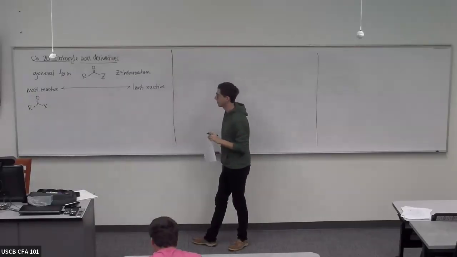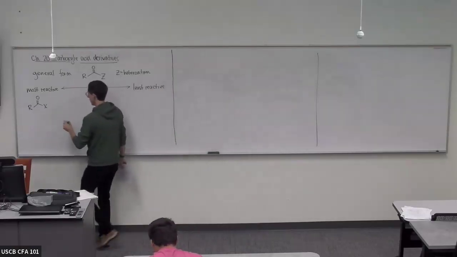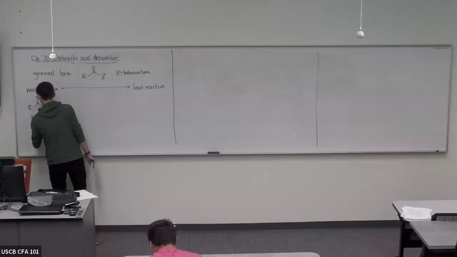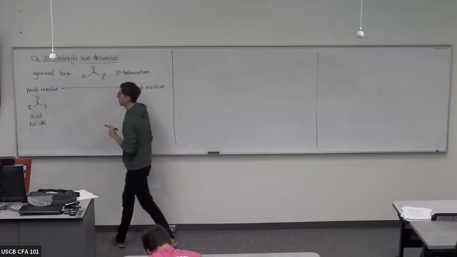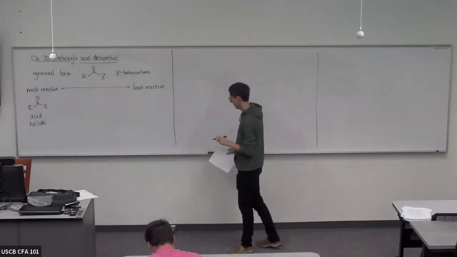If Z is X, a halogen, then we have an acid halide or an acyl halide.